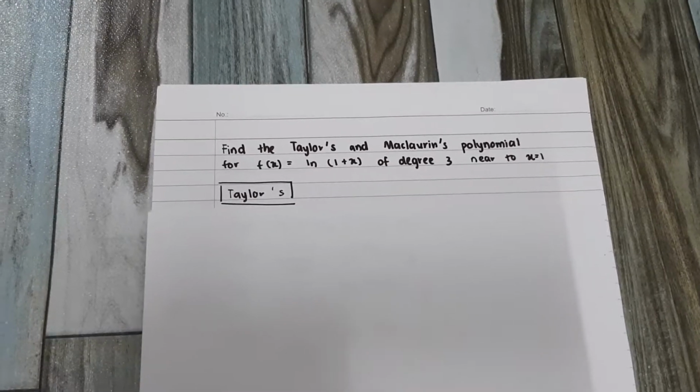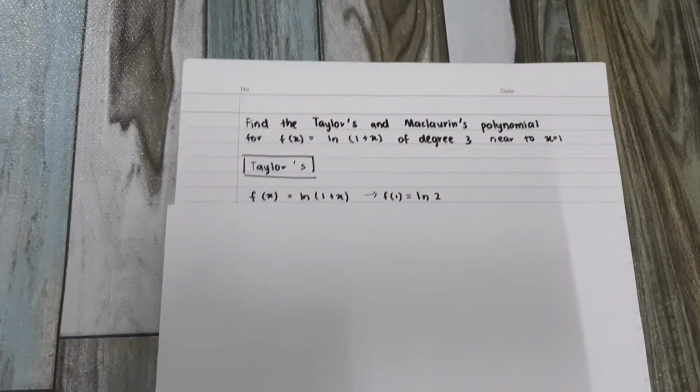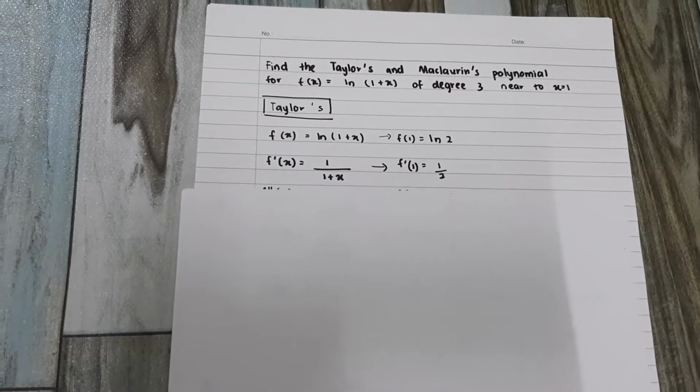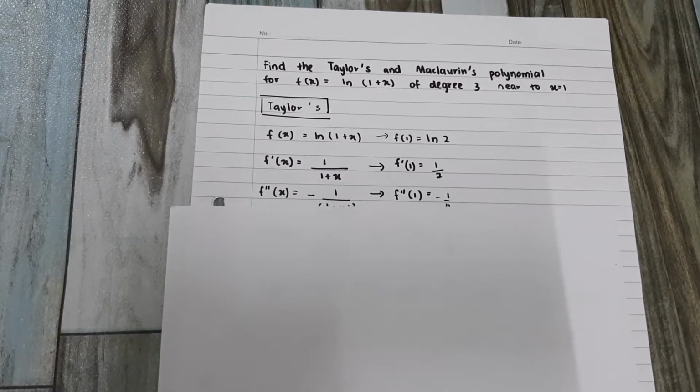So for the Taylor's, the first step is to derive the function to the degree of 3.